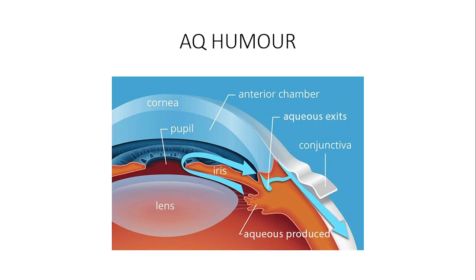The third and last but not the least protein is known as what? Lysozyme. As we learned, the tear film is rich in lysozyme, and so the aqueous humor too is rich in lysozyme. What does it do? Lysozyme has an antibacterial property, preventing infection.